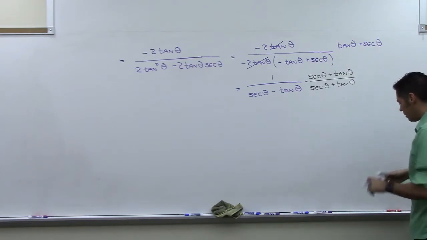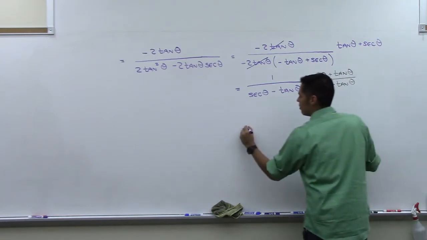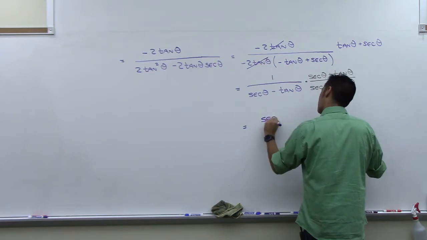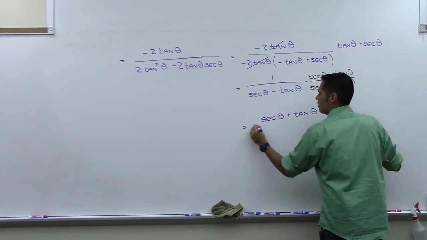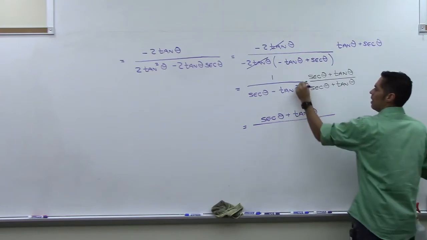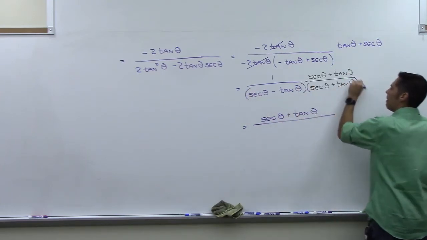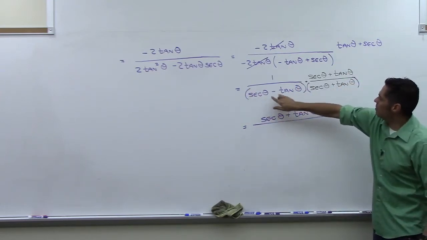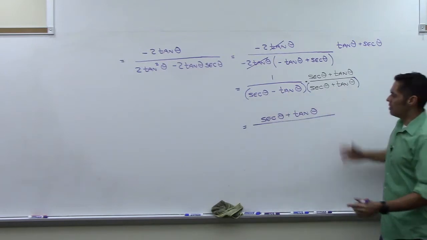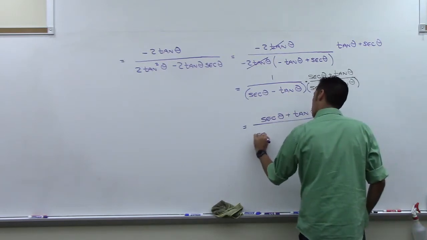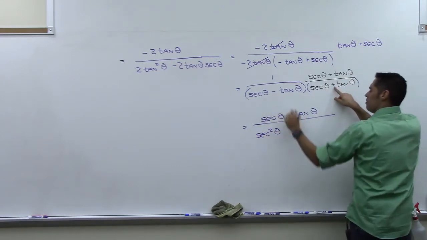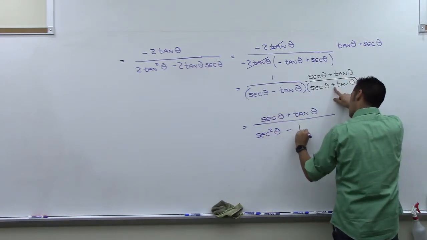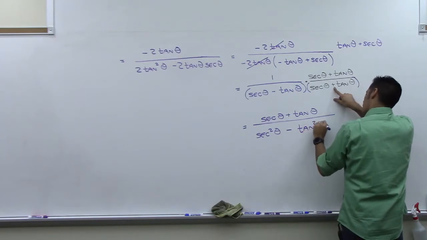And let's hope for the best. So the numerator is secant theta plus tangent theta. And the denominator, since they're the same except the signs are different, it's just going to be the first term squared, secant squared theta, and then minus and plus means minus, and then the last term squared, tangent squared theta.